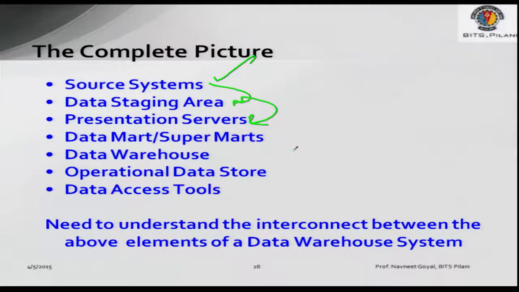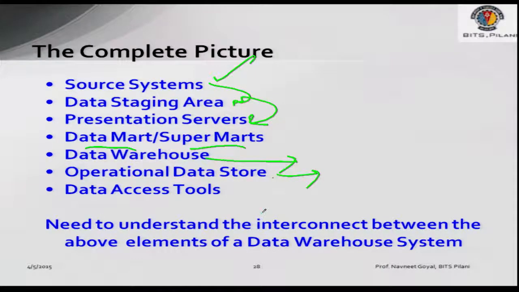And then these are data marts or super marts. For building any data mart or super mart, you have to work with the source systems and the data staging area. And then this is the warehouse, and the operational data store is basically somewhere between the source systems and the data warehouse.